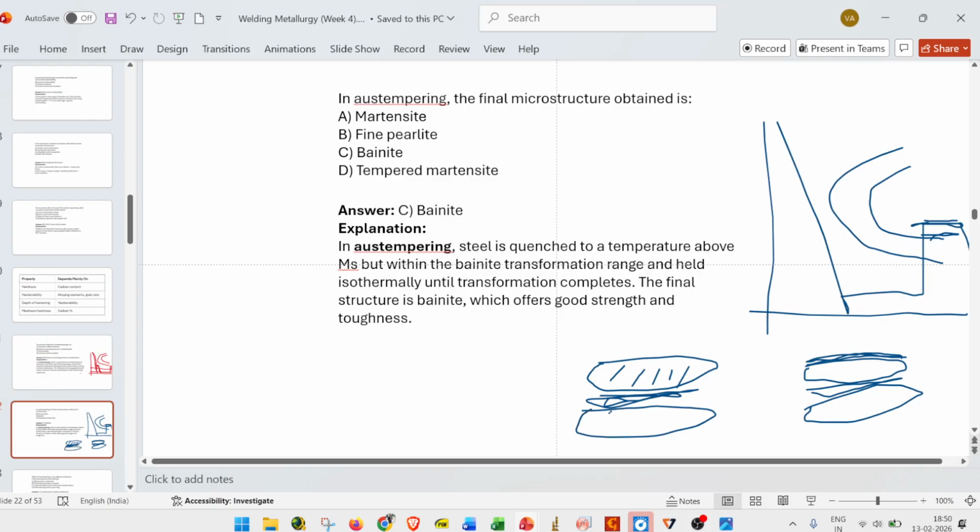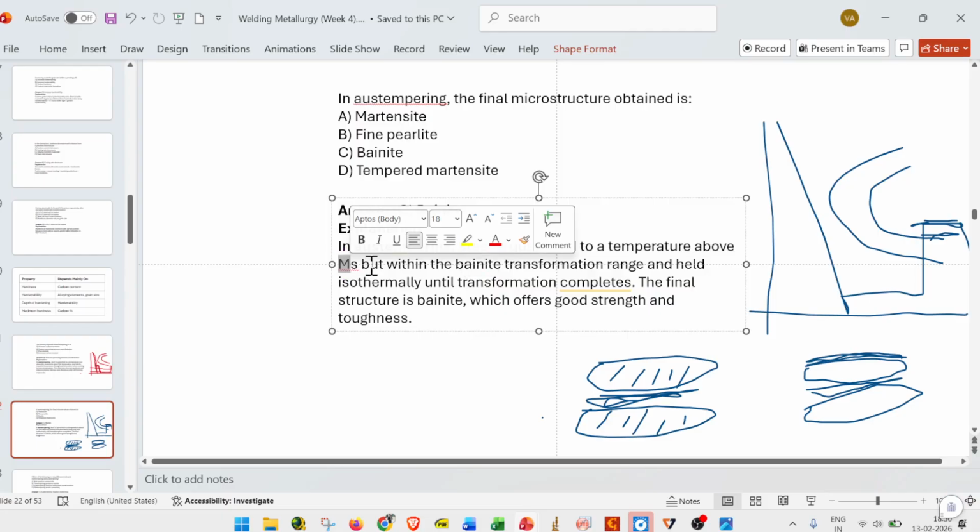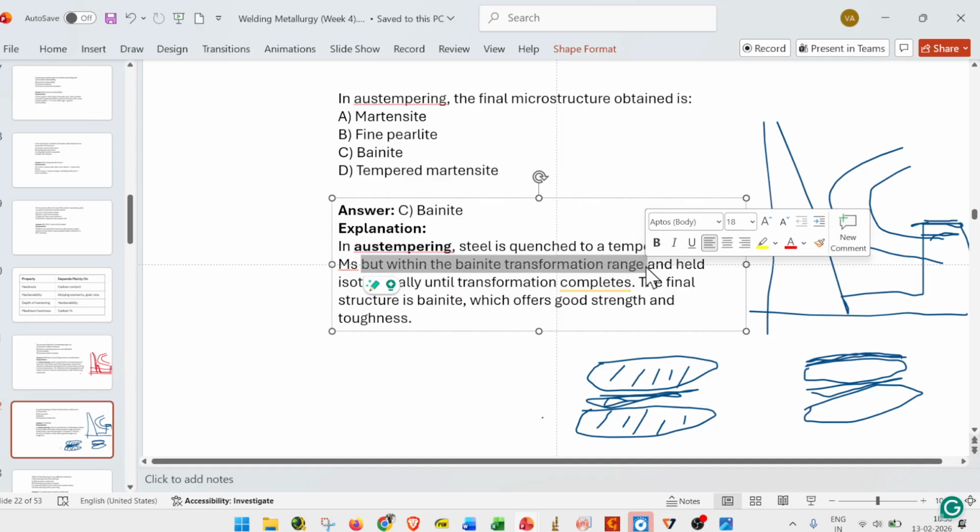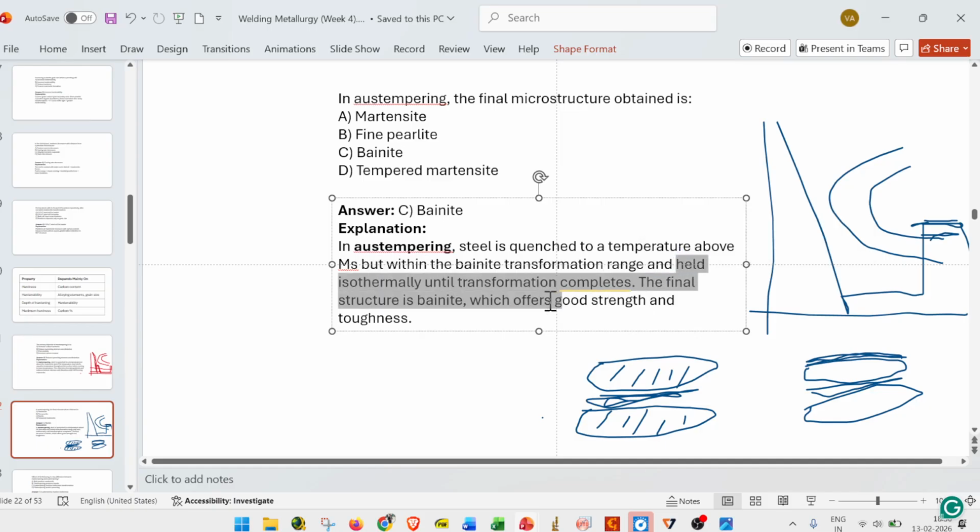Okay, the austempering steel is quenched to a temperature above the martensitic starting point, but within the bainitic transformation region, and held isothermally until the transformation is complete. The final structure is bainitic, which offers good strength and toughness.